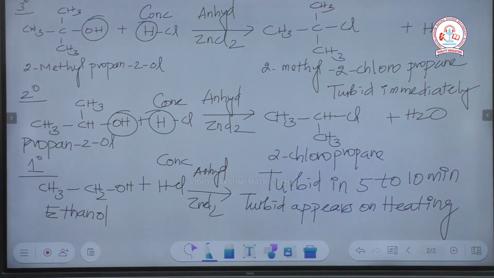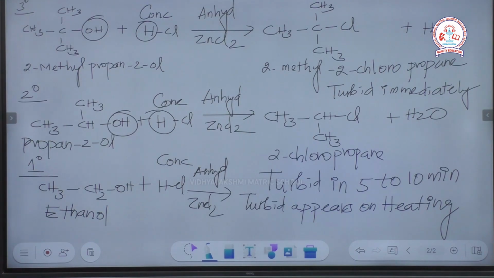Okay, so this is regarding the Lucas test. Initially you take the tertiary alcohol, then one of the CH3 is replaced by hydrogen, and the second CH3 is replaced by one more hydrogen. So this is how things will go.